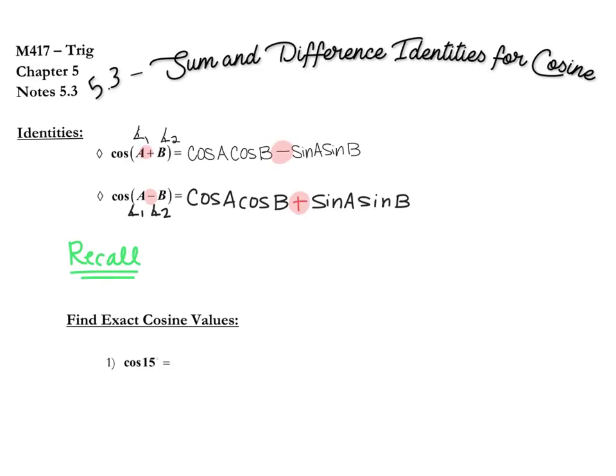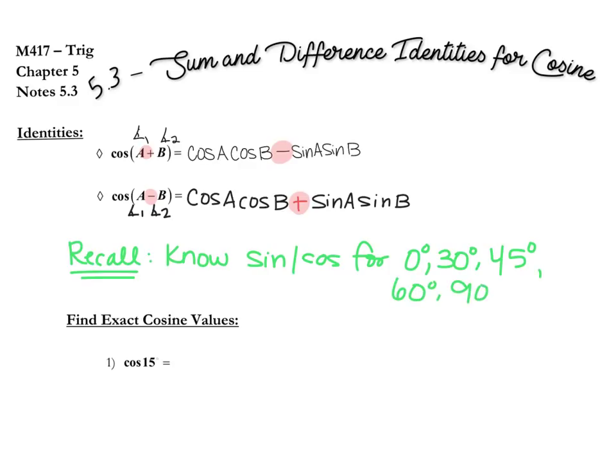We need to know sine and cosine for angles such as 0 degrees, 30 degrees, 45, 60 degrees, 90 degrees, and so on. You need to know your unit circle still. It's back to get ya.